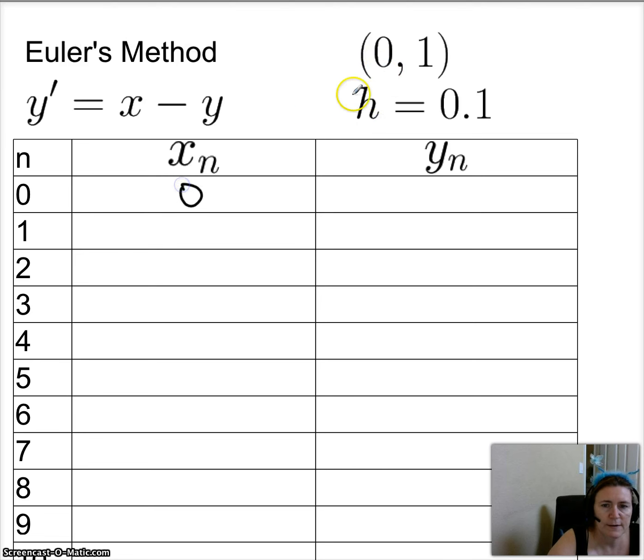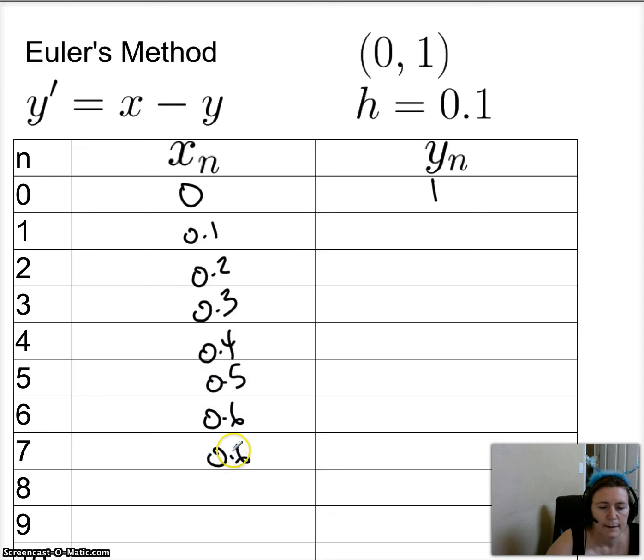So x naught is 0 and y naught is 1. I'm just going to go on and fill in all these x's because it's pretty easy. So this is 0.1, 0.2, 0.3, 0.4, 0.5. You kind of got the idea, all right? 0.7, got carried away there.